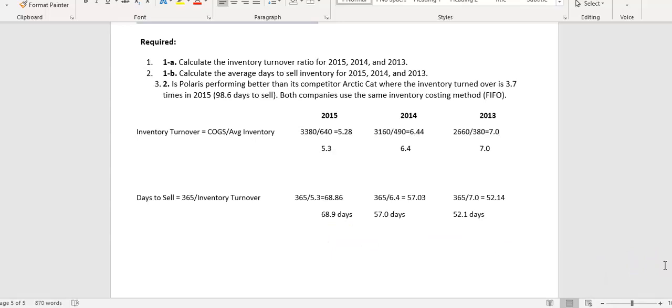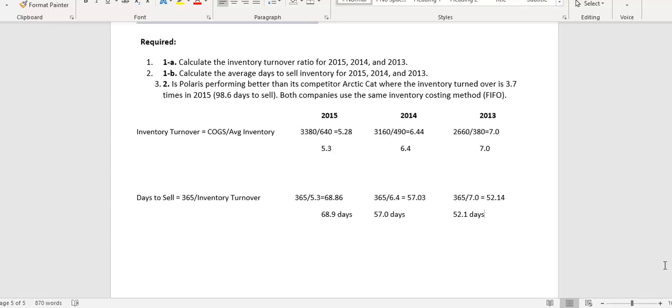Remember, these types of ratios are very dependent on the type of business that you're in. When we talk about inventory turnover and days to sell, we have to consider the type of goods that are sold. Perishable goods are usually bought in smaller quantities and sold faster because they're perishable.